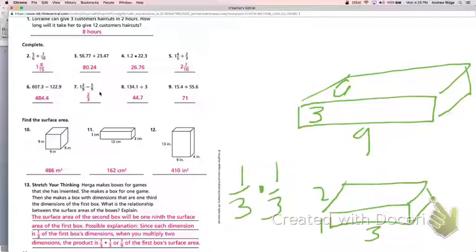So since each one of these is 1/3 of 1/3, it's going to be 1/9 of here, and we can prove that. 3 times 9 is 27, right? So this face would have been 27. 1 times 3 is 3.